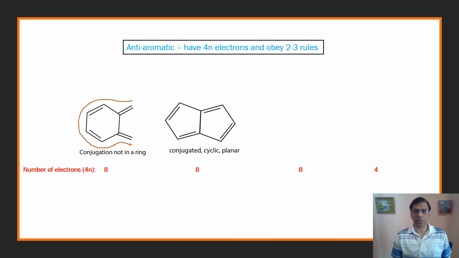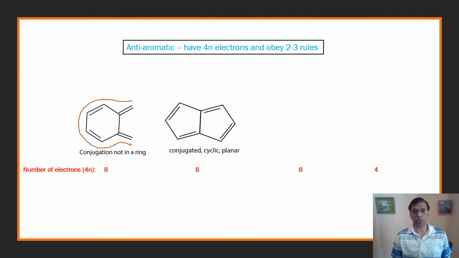Next example, this molecule is a bicyclic compound. It's planar, it's cyclic, and the double bonds are in conjugation. However, it has 4n electrons. That's 8 electrons.